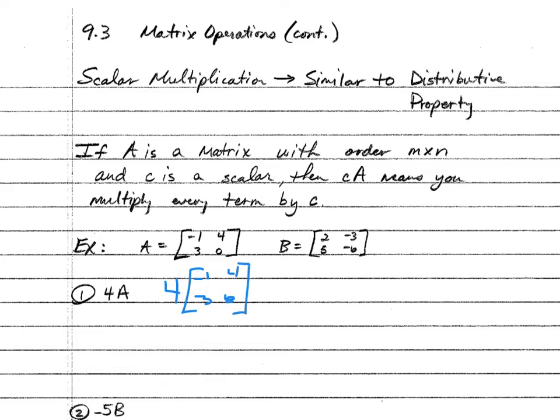So now what I'm going to do is take 4 times negative 1, that's negative 4. 4 times 4, that's 16. 4 times 3, that's 12. And 4 times 6 is 24. And you now have used a scalar multiplier. Okay, so again, very similar to the distributive property. You are simply multiplying this by everything.